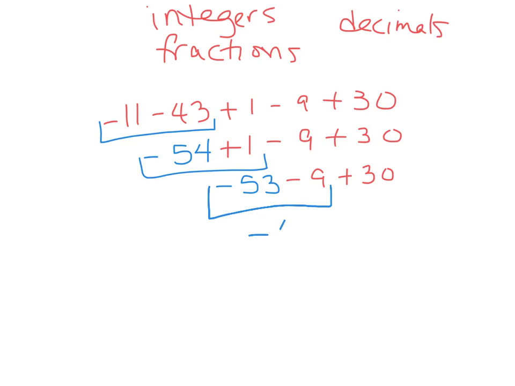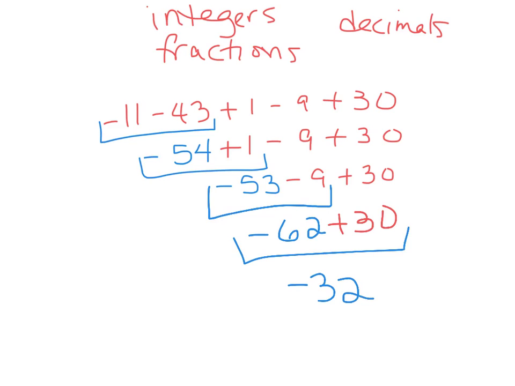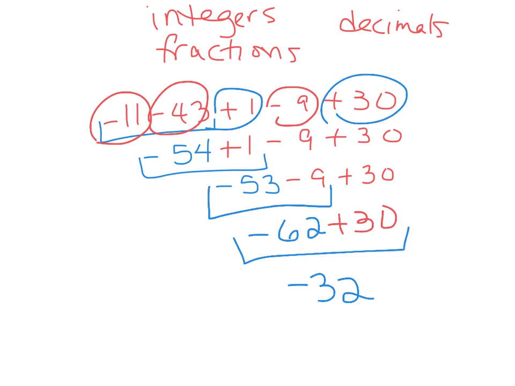And I get -62. Rewrite, combine those, and I get -32. Okay, so however you want to do it, if you'd rather pull out all of your negative numbers, add them, pull out all the positives, add them, and then subtract, you can also do it that way.